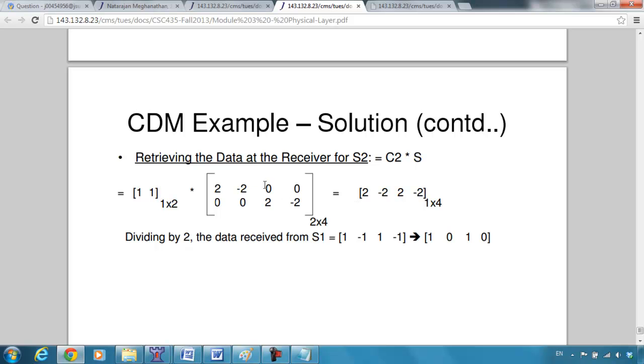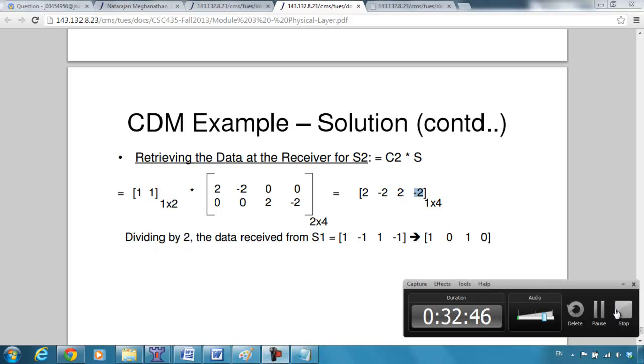Then 1 times 0 is 0 plus 1 times 2 is a 2. Then 1 times 0 is a 0. Then 1 times negative 2 is a negative 2. So again divide by 2, we have 1, negative 1, 1, negative 1. So that is 1, 0, 1, 0. Okay. So we'll stop here.